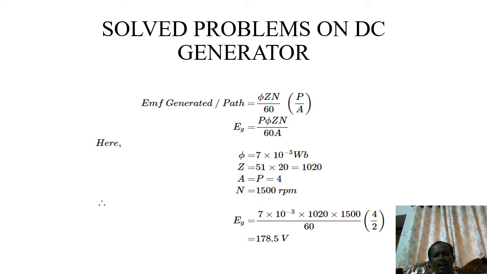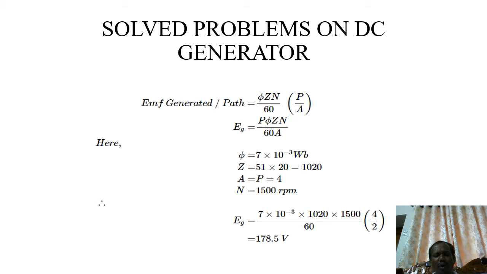Phi is 7 into 10 to the power minus 3 webers, which is given. Z is the total number of conductors, but here 51 slots are given, each slot having 20 conductors, so Z is equal to 51 into 20, 1020 conductors. A is equal to 2, P is equal to 4, and N is equal to 1500 rpm is also given.